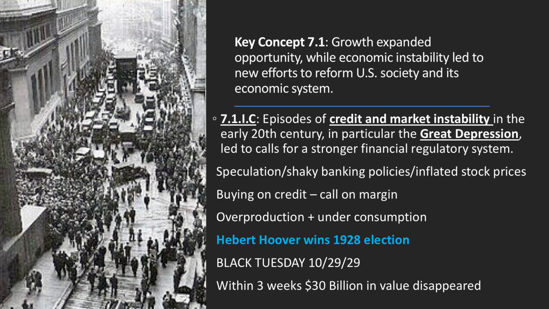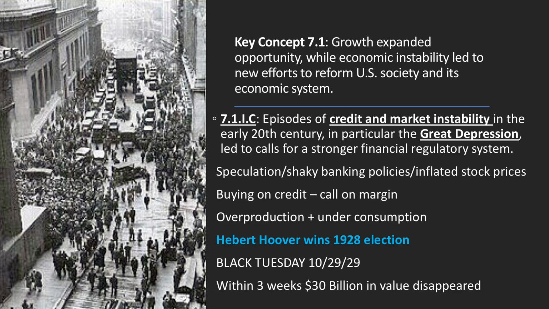Now, most Americans did not invest in the stock market, so they didn't really see why this was such a big deal until about 1930, when they began to realize with companies that invested and companies begin to lose money, that meant jobs. And then people get laid off. And when you get laid off, you start to burn through your savings.